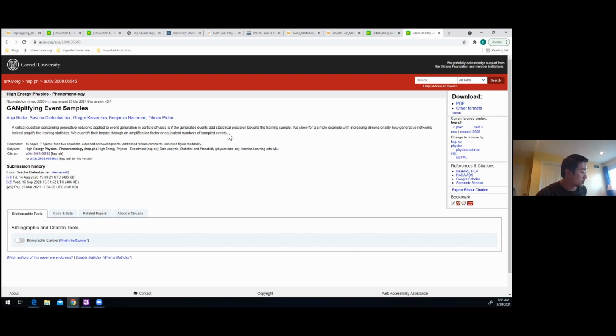And so the upshot of what they found or what they claimed, which I think is reasonable, is that indeed, if I train my GAN on 1 million simulated events, and then I ask for 10 million, I'm not going to get the same statistical precision as if I had simulated 10 million events using Geant or whatever.